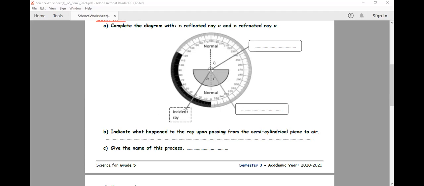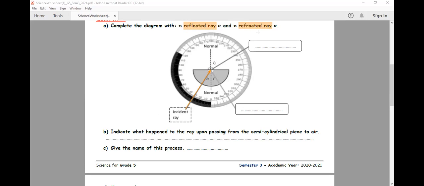Okay, so look. We have this incident ray. And we have two other rays. Which one of the rays is the reflected ray, and which one is the refracted ray?